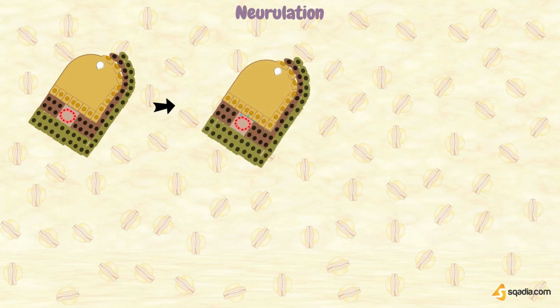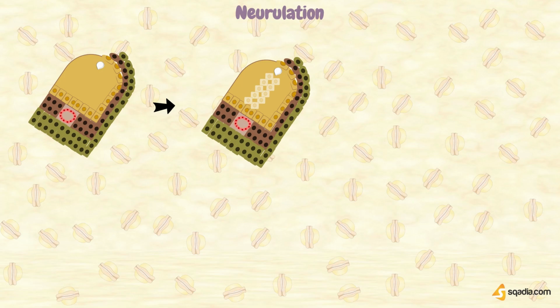Now, the notochordal process releases growth factors that cause ectoderm proliferation. So, what are you going to call this process? Yes, it is called ectodermal proliferation.